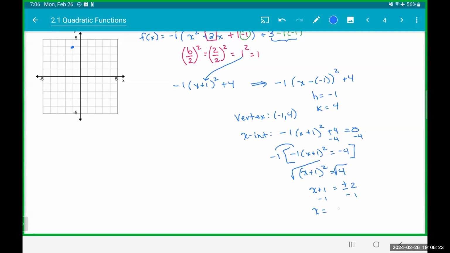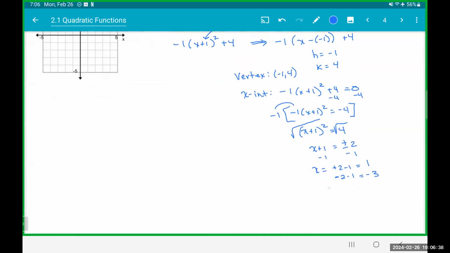So we'll have a positive 2 minus 1, and we'll have a negative 2 minus 1. So our x can be positive 1 and negative 3, right? So our x-intercepts would be when x is 1 and y is 0, and when x is negative 3 and y is 0. That is where we will have our x-intercepts.